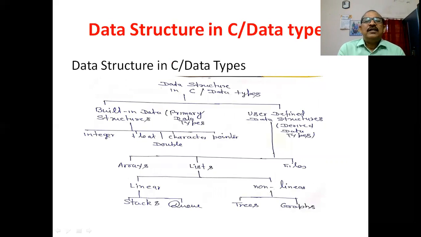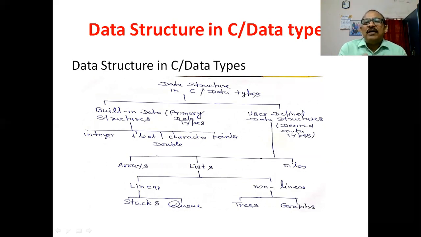Next topic is data structures in the C language. We can classify the data structures in C into two groups. One is the built-in data structures, which we can call the primary data types, and next is the user-defined data structures, meaning derived data types. The primary data types are classified into integer, float, double, character, and pointer.